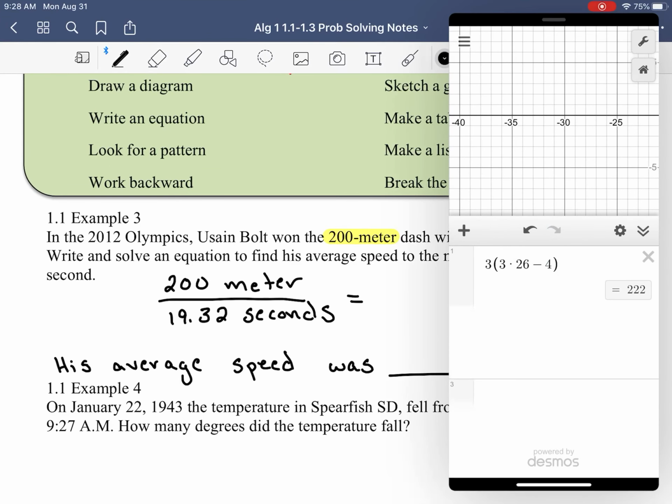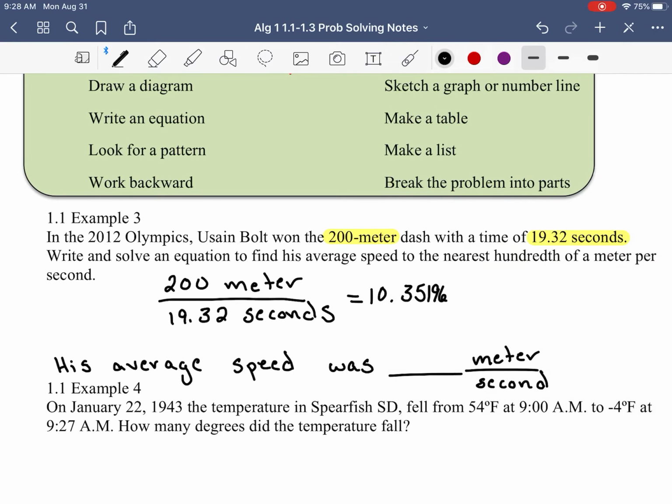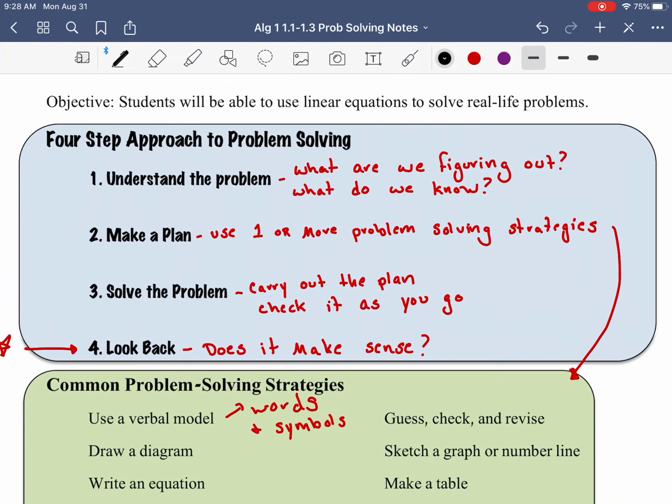I need to take 200 and divide it by 19.32, and I get 10.35196, and that would be in meters per second.